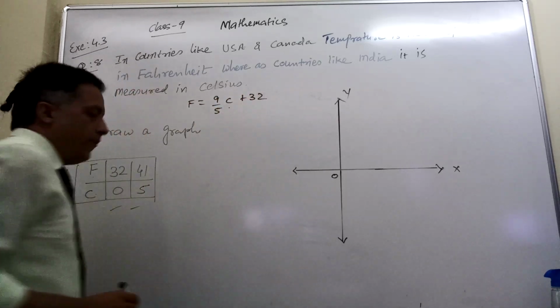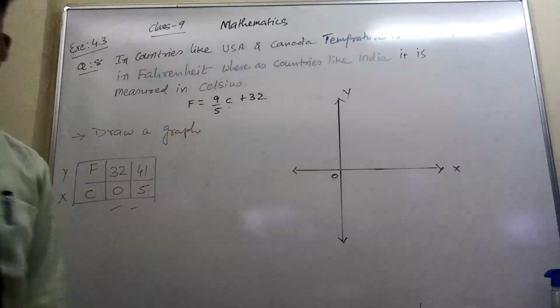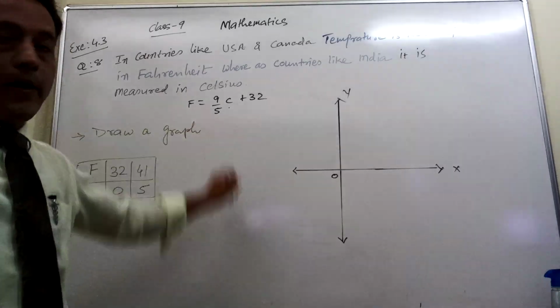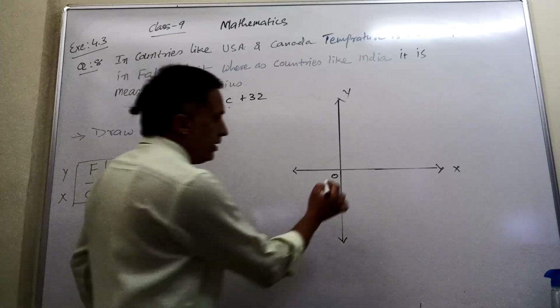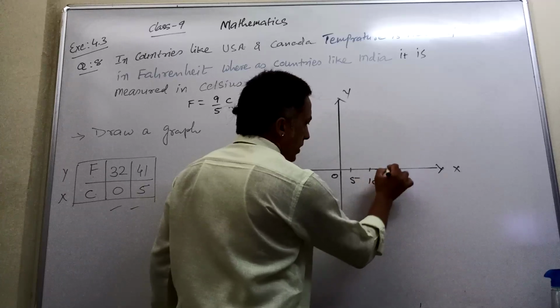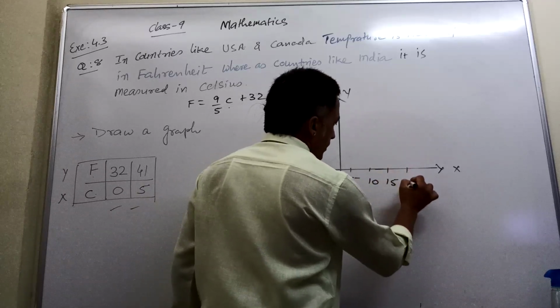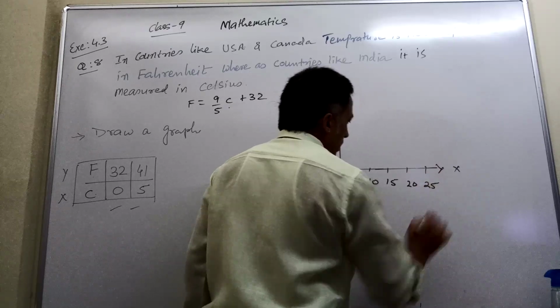So whatever value for C I take, I will take in multiples of 5. Of course, I can take any value for C other than multiples of 5. But I am repeating, for my convenience I am taking multiples of 5 so that I can easily divide my value by this 5. So hence 0, 5, like this I will write my values over here in multiples of 5 only.